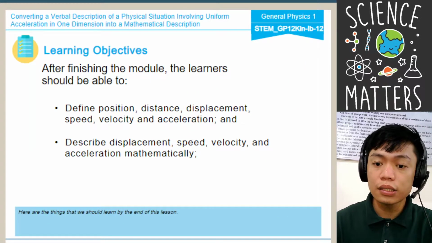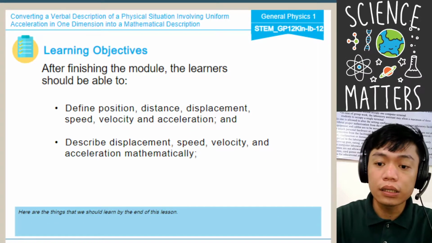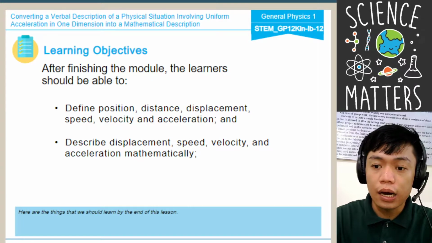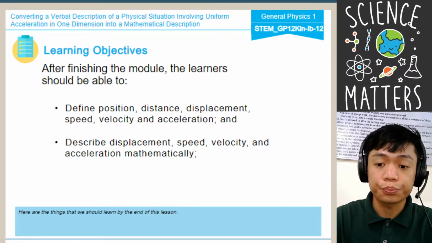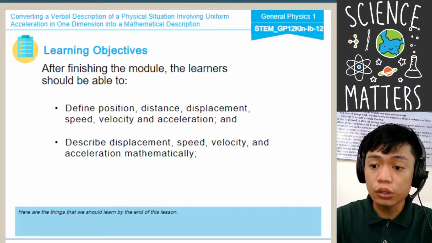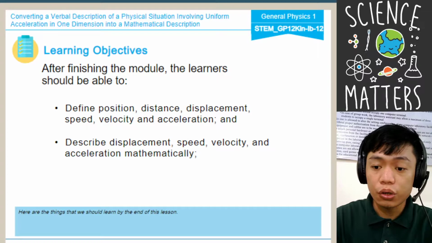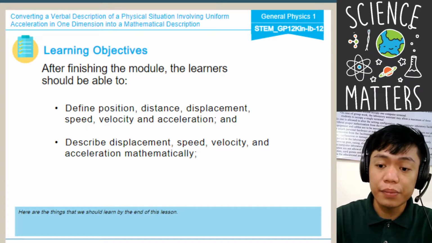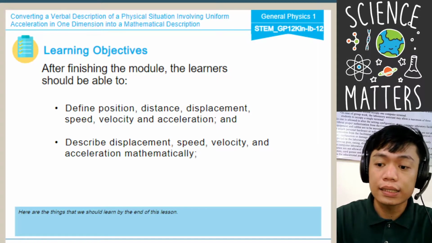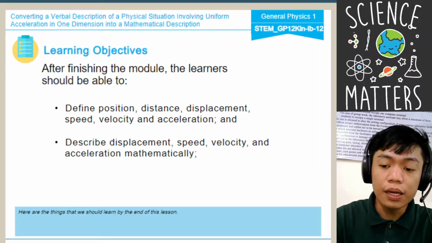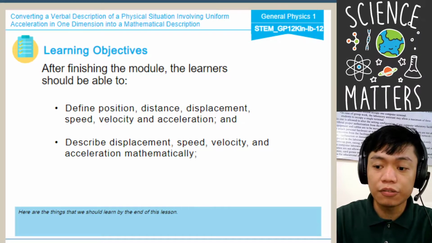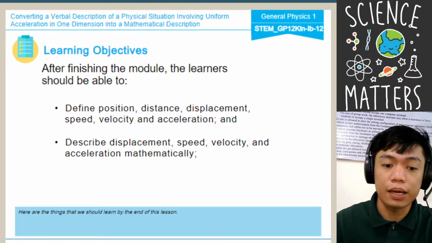Let's start by reading the learning objectives for this lesson. At the end of the lesson, you should be able to define position, distance, displacement, speed, velocity, and acceleration, and describe displacement, speed, velocity, and acceleration mathematically.